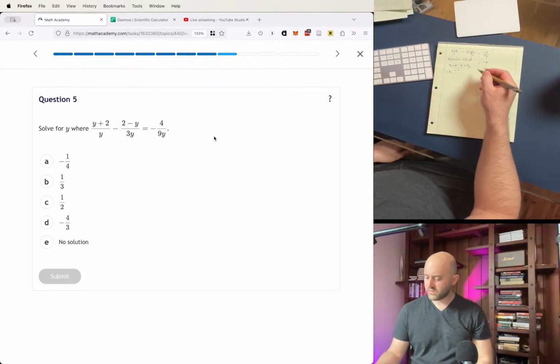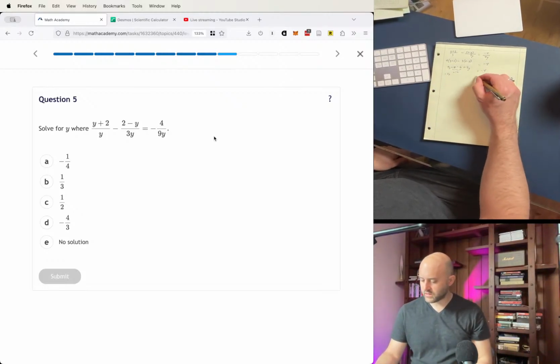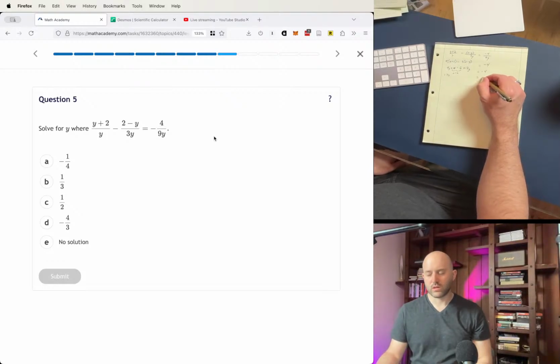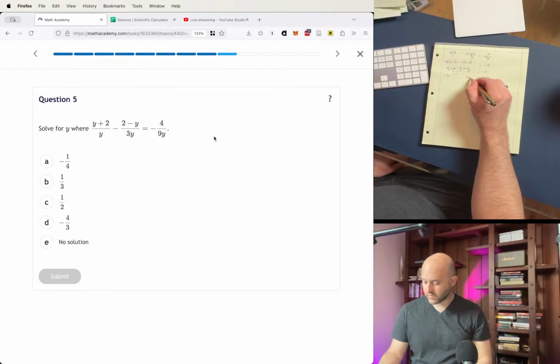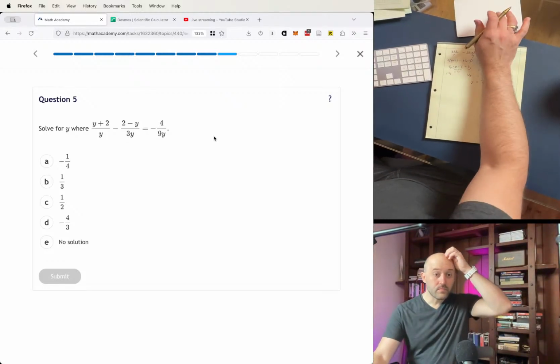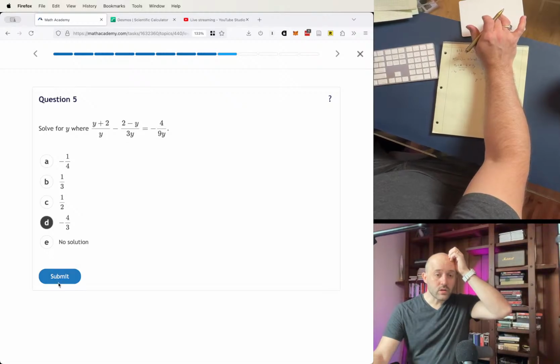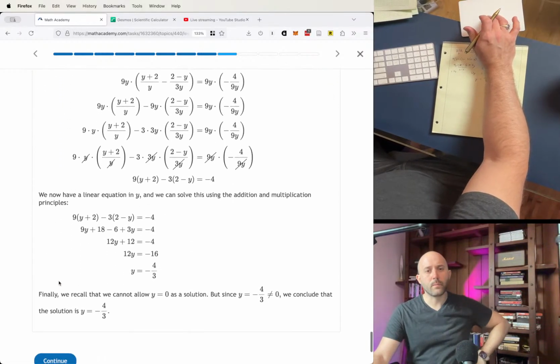This is plus 12, so we can move it on this side, and it's minus 12. So it's minus 16 is 12y. y equals negative 4/3. And that is indeed a solution, and I'm just feeling lucky, so I'm going to hit go.